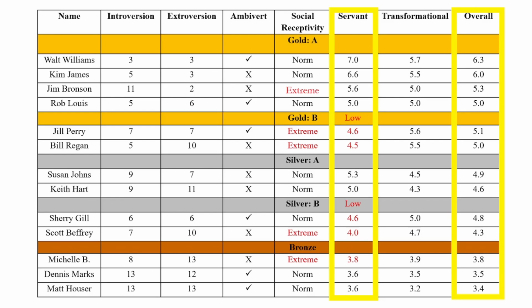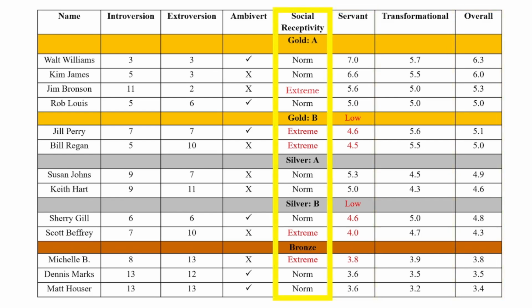just as the overall. The next thing that we want to pay attention to is going back to the topic of social receptivity. Now, as we talked before, we have the social extremes and we have the social norms. Again, the social norms are people whose personality scores fell within the two temperaments that are the largest percentage of our population.